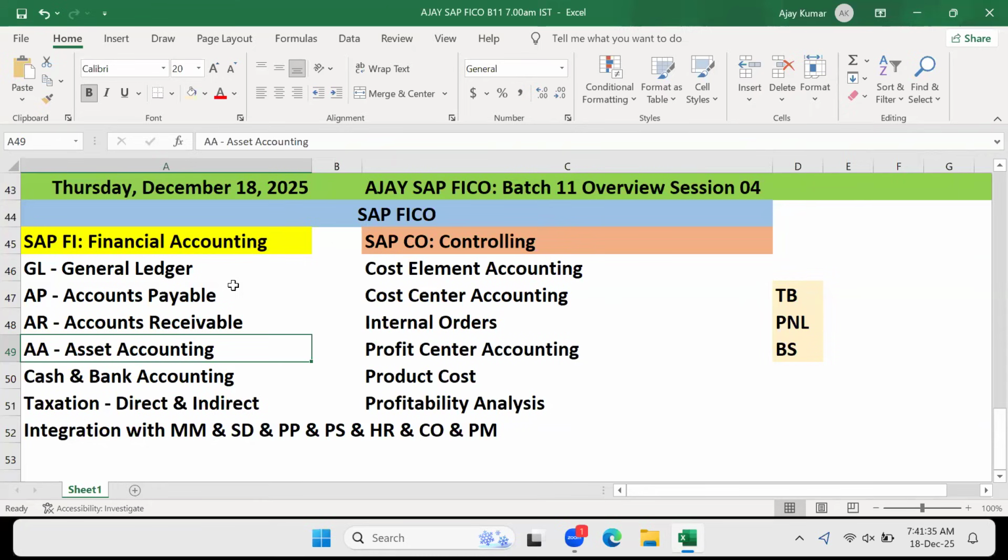In any organization, most purchases are on a credit basis. Credit basis meaning you will purchase now and pay later. Is the meaning clear? Yes, sir.